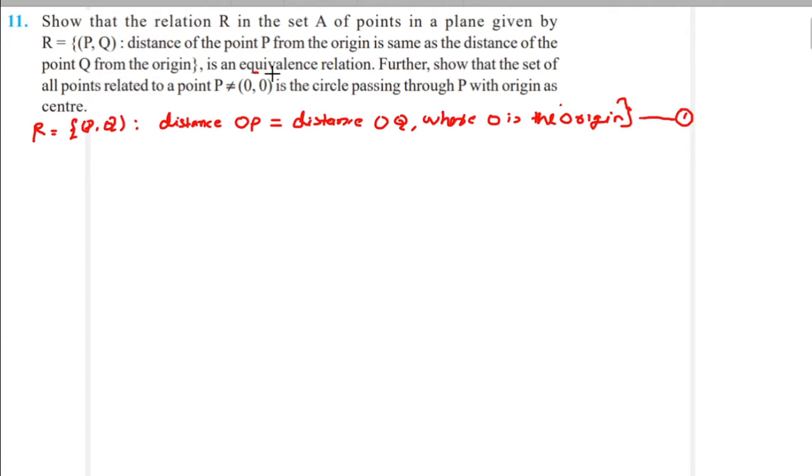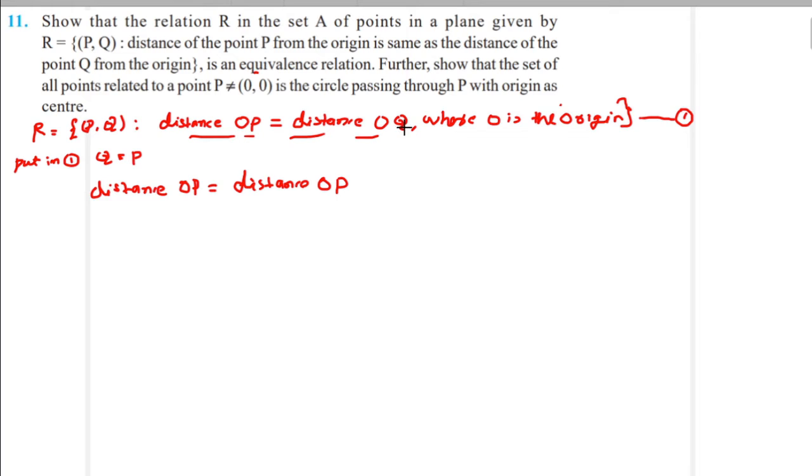So for this equivalence relation, first we have to show that it is reflexive. In reflexive, you can put Q equal to P. Therefore, I take this statement only: distance OP equal to distance OP.